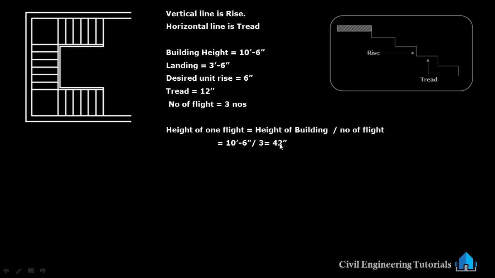Here I want to keep the 3 flight heights the same, that's why I have divided the building height by the number of flights. We got 42 inch or 3.5 feet.